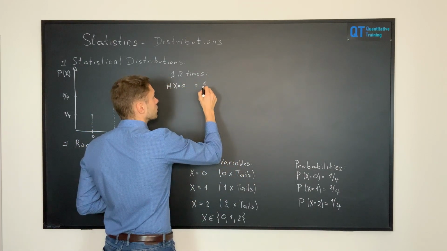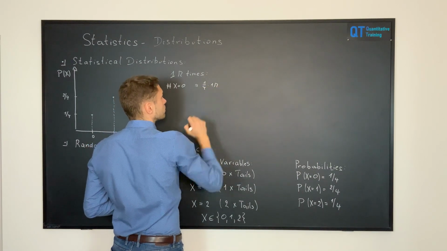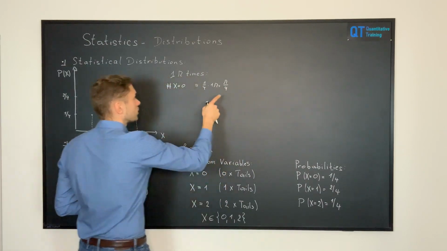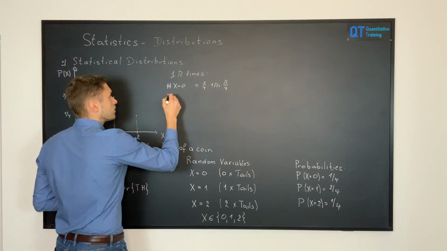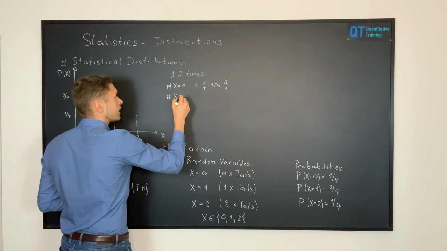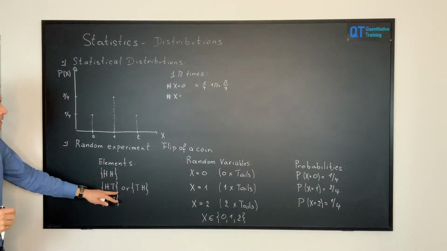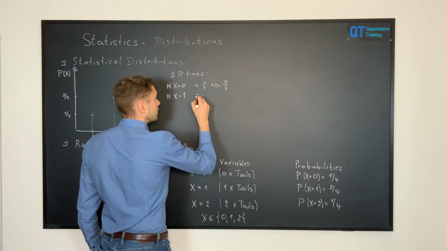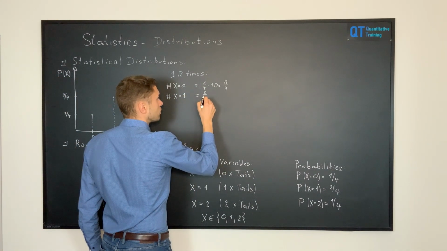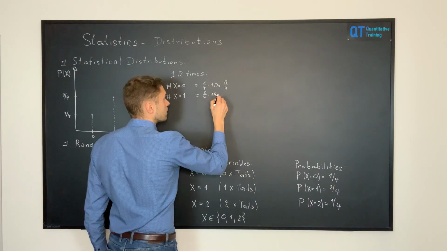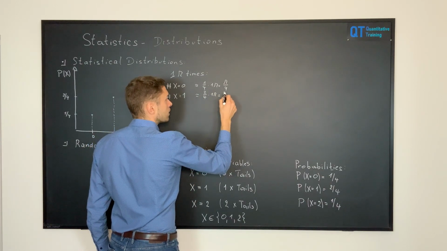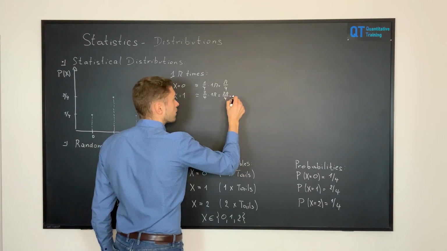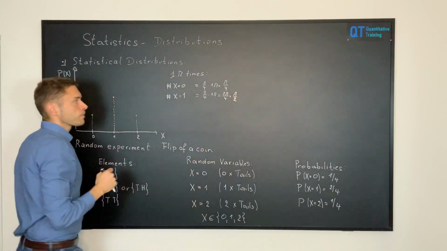So 1/4 times 1,000,000, which is a quarter of a million. Then the number of times where x would be of the form heads tails or tails heads, so 1 time tails, would be 2/4 times 1,000,000, which is 2 times 1,000,000 fourths, or half a million.